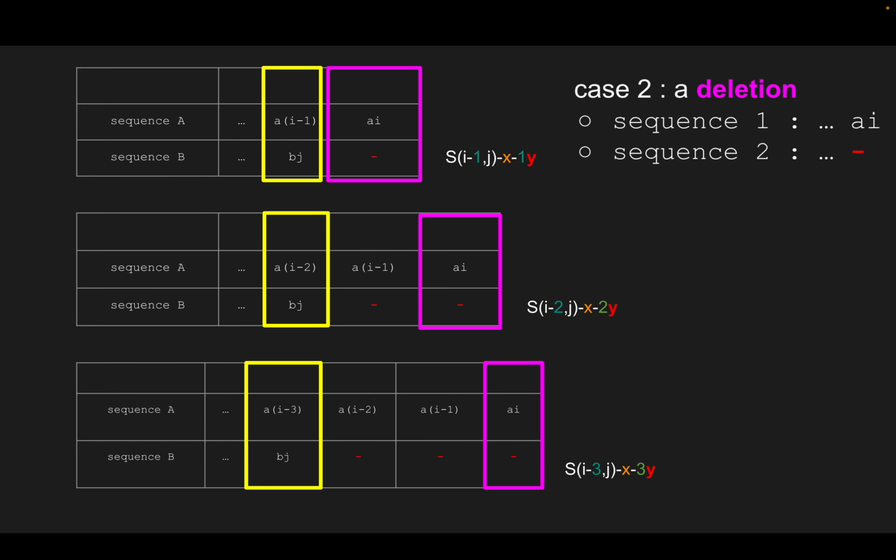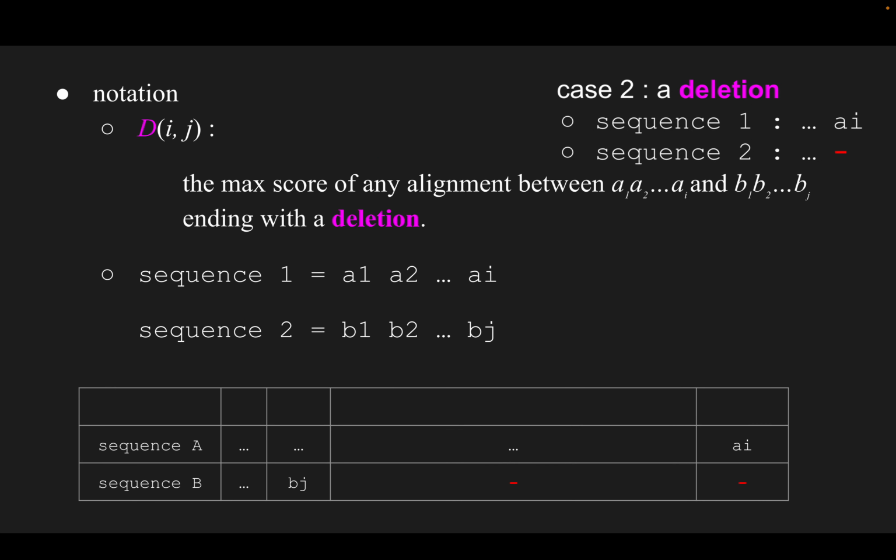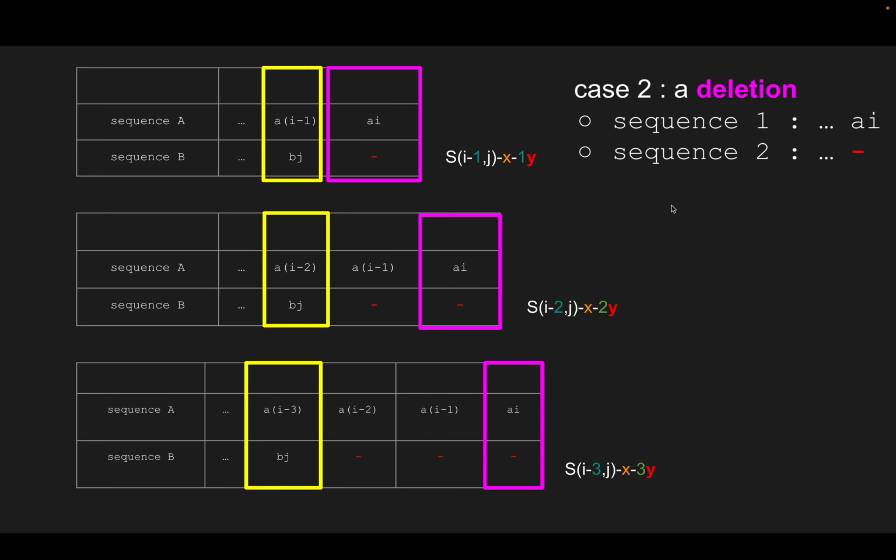So what's the scenario for all the possible alignments ending with a deletion? You have A1 to Ai. Ai must match with a gap symbol since it is a deletion, meaning that the final character must be a gap symbol.